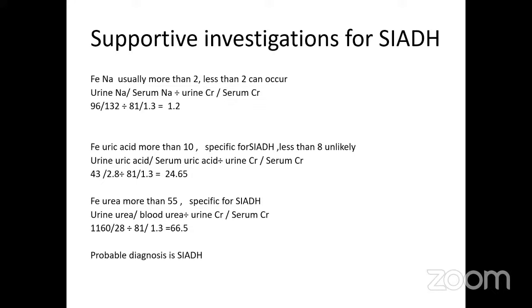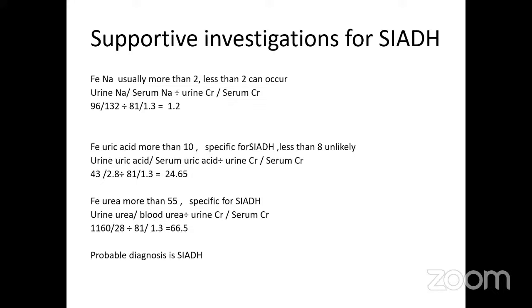If FENA is more than 2, it is probably supportive, but less than 2 does not exclude SIADH. The reason why this happens is not definitely known. Thereby, FENA more than 2 supports SIADH, but less than 2 does not exclude SIADH.